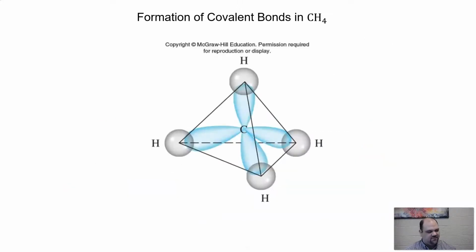So here's what that overlap looks like. Hydrogen only has a 1s orbital. It can't hybridize. So this would be a hybrid orbital, sp3, interacting with an s orbital from hydrogen. What we're getting is overlap of those two orbitals, right? This overlap is our covalent bond.